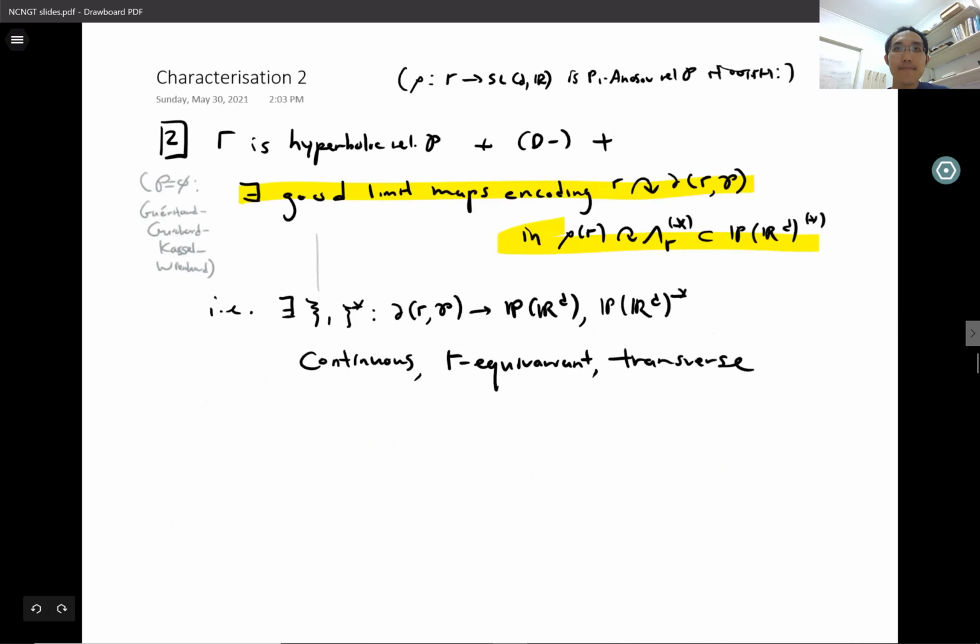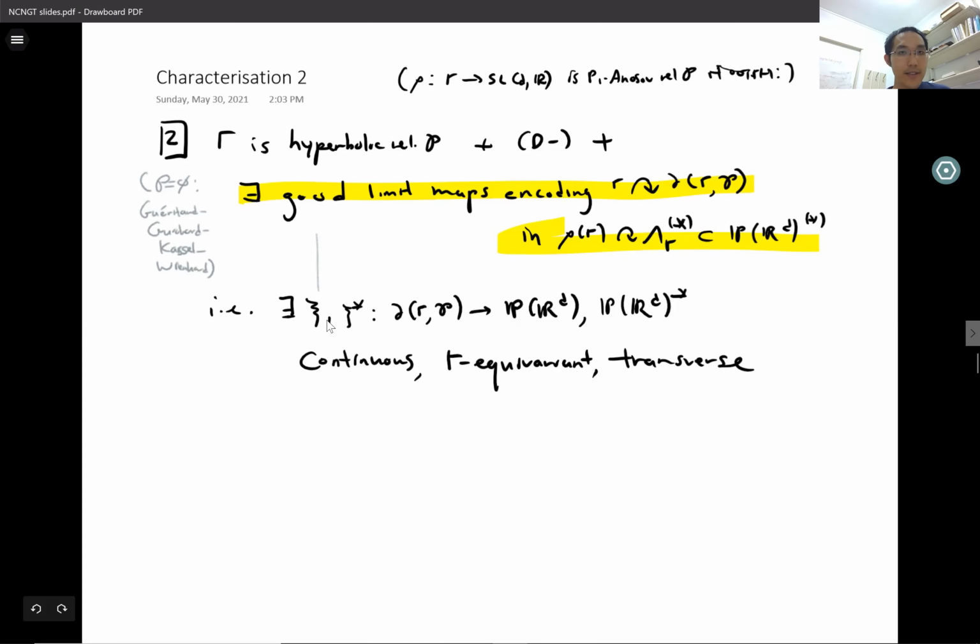Second characterization, we say rho is P1 Anosov relative to curly P if gamma is hyperbolic relative to curly P, the same singular value gap condition B minus is satisfied, and instead of the additional conditions on the images of the peripheral subgroups, we are going to require that there exist good limit maps which take the dynamics of your relatively hyperbolic group acting on its Bowditch boundary and make them show up in the projective space and the dual projective space via the action of the image subgroup.